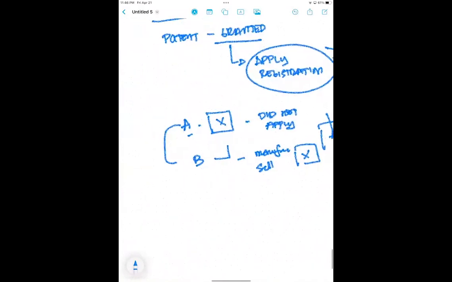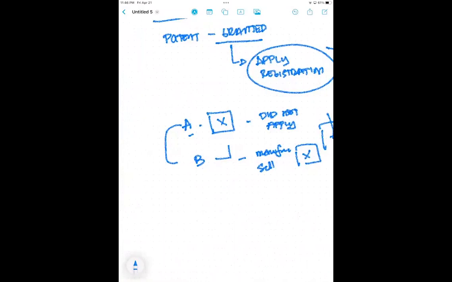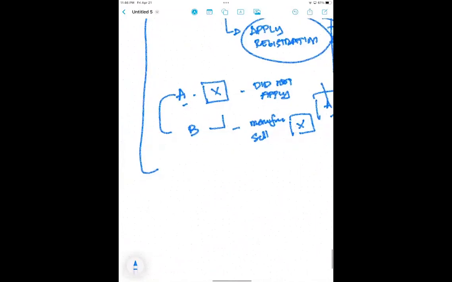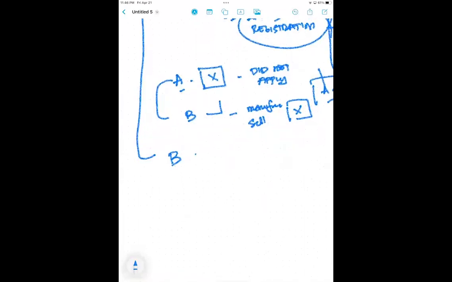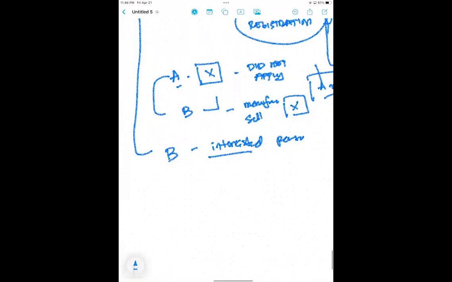Now, assuming that the application was made and it was granted, what is now the remedy of B? Okay? Now, supposing B is an interested person. As an interested person, B may file a petition to cancel the patent.